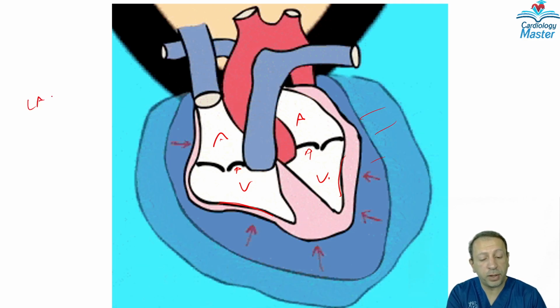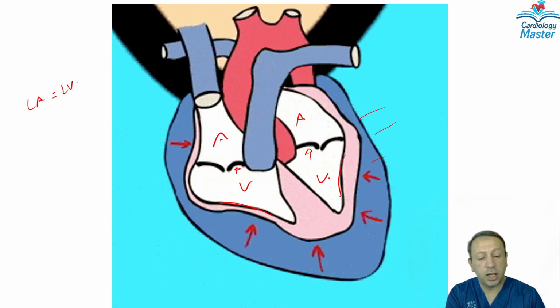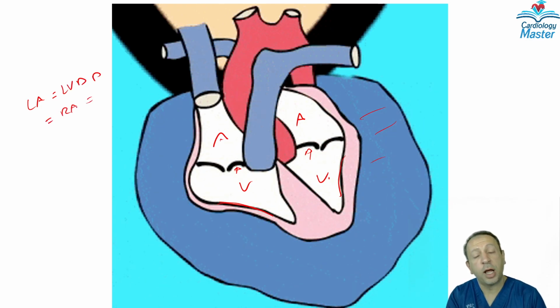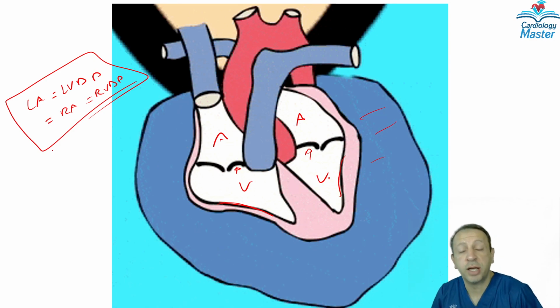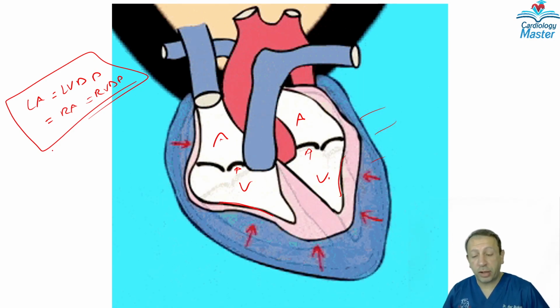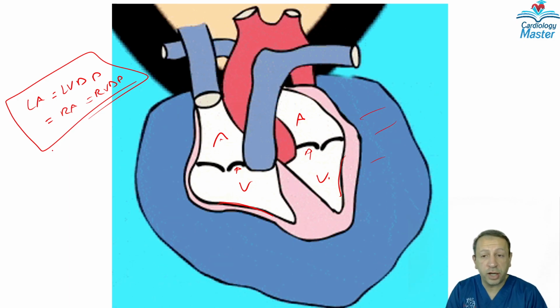So the left atrial pressure will equal the left ventricle diastolic pressure, which will equal the right atrial pressure, as we will see, and also the right ventricle diastolic pressure. So all these pressures will be equalized during diastole, and this is very important to understand the pathophysiology. So I want you to concentrate with me.